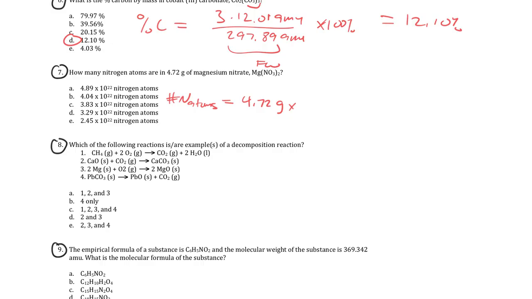So you'll see a few problems intentionally wanting you to calculate the molar mass to make sure you know where to get that information from, because that's a key part of chapter 3. But we're just going to use magnesium's mass in the periodic table. So 24.31 plus 14.01 for nitrogen times 2 plus the 16.00 for oxygen times 6. So I get 148.3.